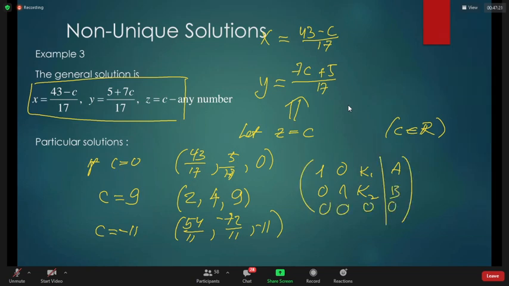It means that in principle, we can choose the last variable, the last unknown, to be whatever we like, and then we can express x and y, the first two variables, using this. And this is called the general solution.